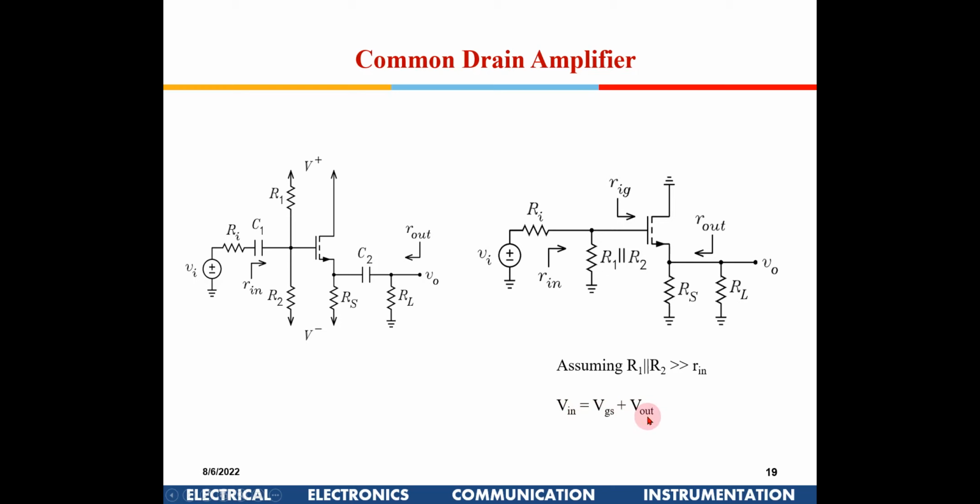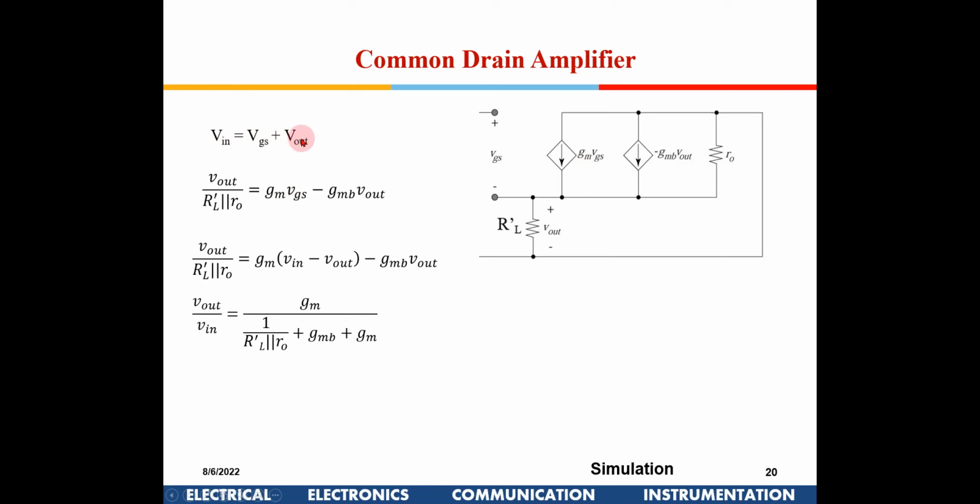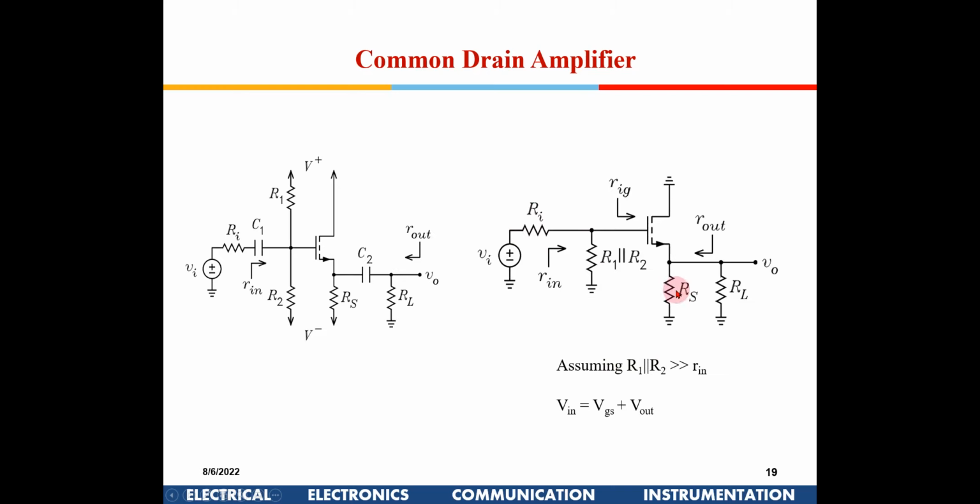And this is V out. This is the current which is going to flow in this RL dash, which is the parallel of R0, RS and RL.